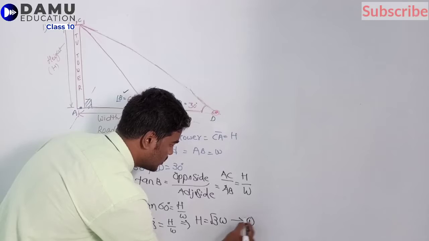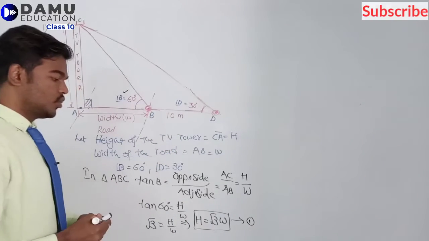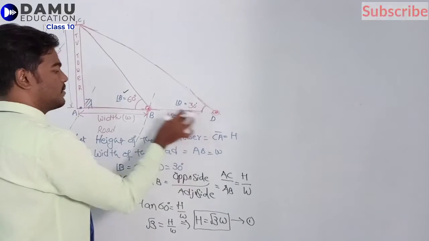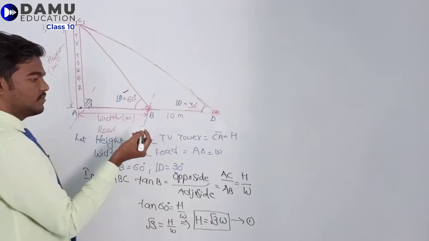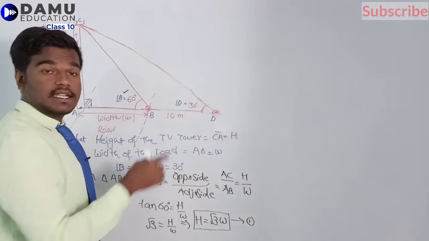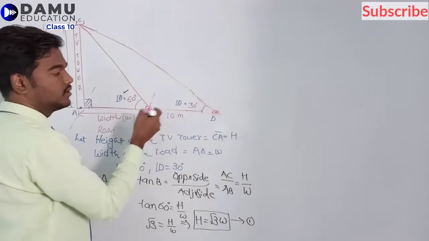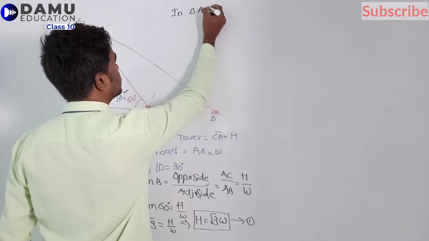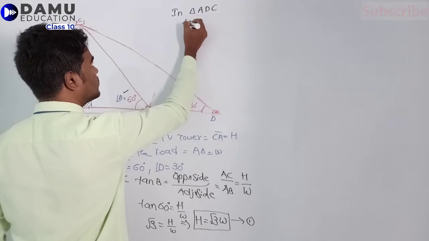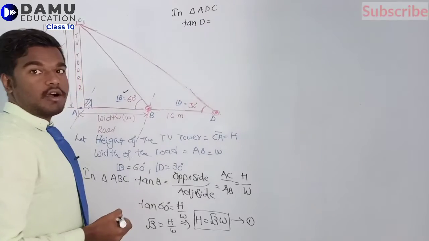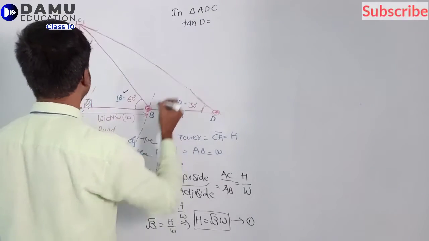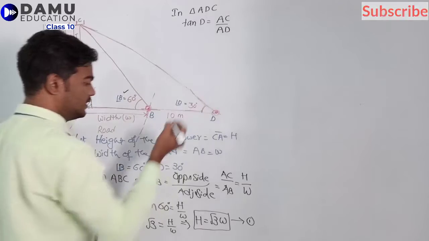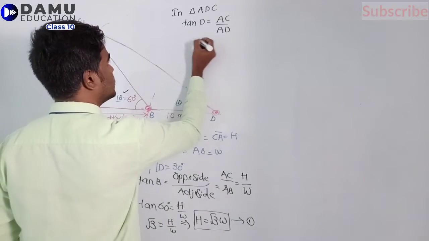Let's consider this as equation 1: height is equal to root 3 W. This is the 10 meters, so AD is nothing but AB plus BD. Now in triangle ADC, what is tan D? Tan D is opposite side by adjacent side. The opposite side is AC, which is the height, and the adjacent side is AD, which is AB plus BD.